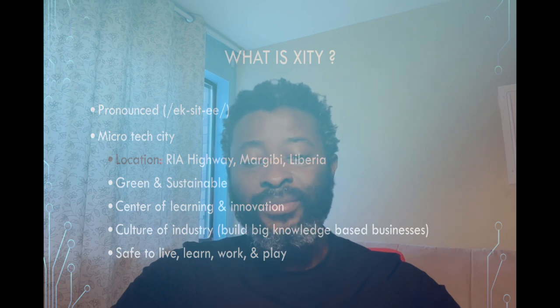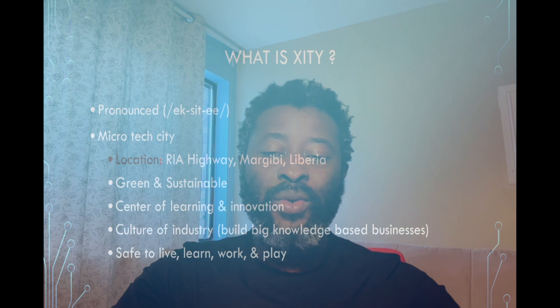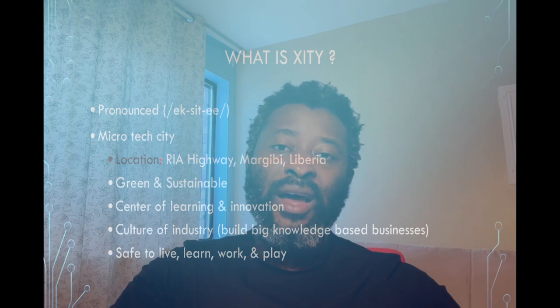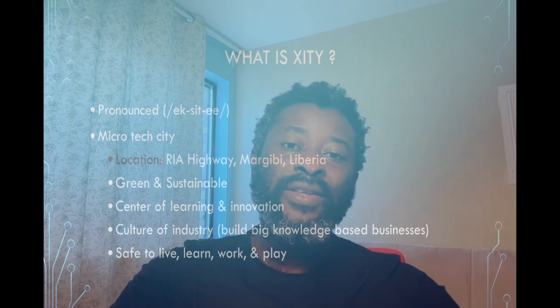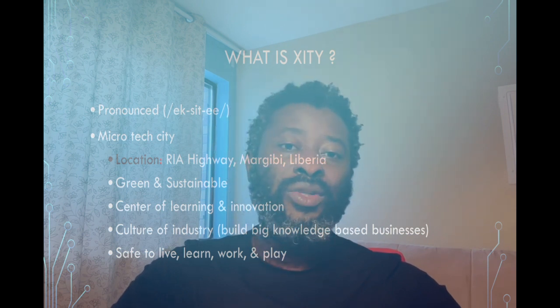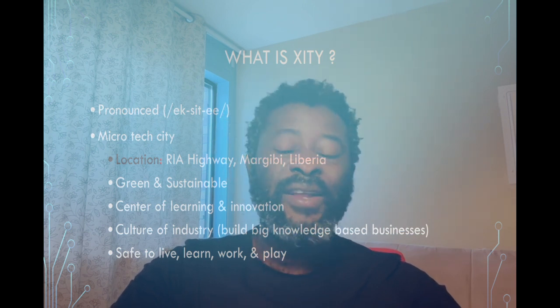It is also going to be a green and sustainable city. And what do we mean by green and sustainable? The green here simply means that we are going to be using the resources in Xity in an environmentally friendly way. For instance, we are going to ensure that we do not destroy the environment by the way we dispose of waste and things like that.